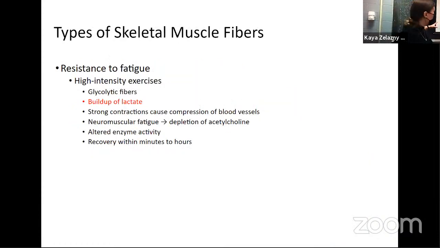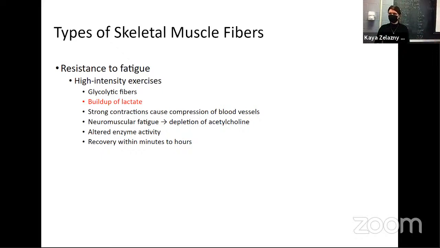This means that we can also separate what type of fiber we're going to be using in different types of exercises. As we've been going through fiber types, I've been mentioning when you would likely be using these, but we could divide it from the other direction. When we're thinking about resistance to fatigue, if we're doing a high intensity exercise, we're going to be using our glycolytic fibers.